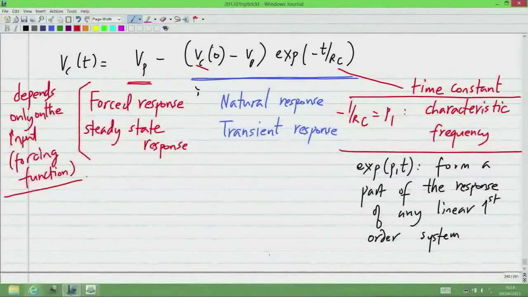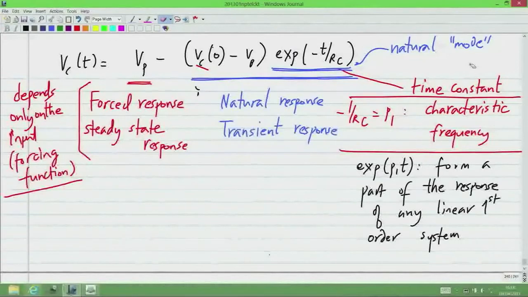Okay, and this natural response will always have this term exponential minus t by RC, which by the way is also known as the natural mode. Okay, so just like you would have a string with a characteristic frequency, right? If you pluck a string, it will vibrate at some frequency. That's called one of the modes of a string. This exponential minus t by RC is the mode of the first order RC circuit.